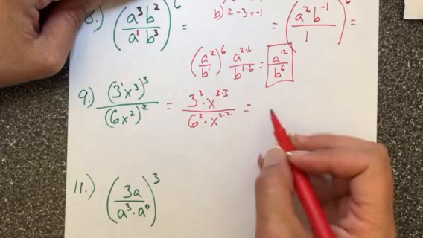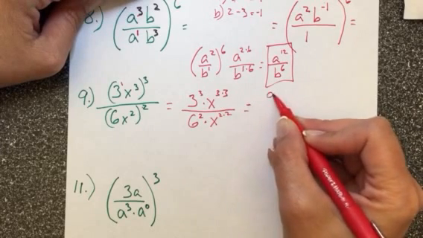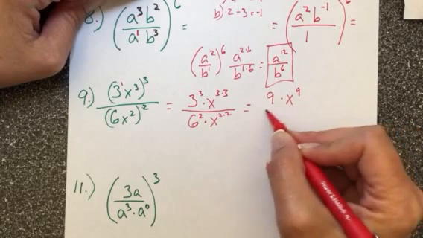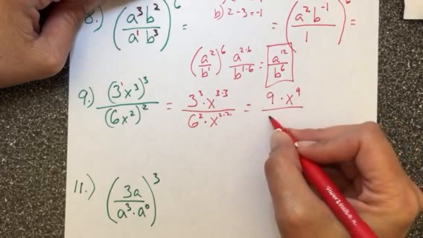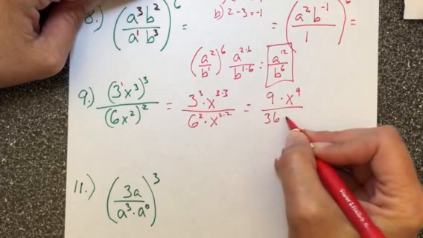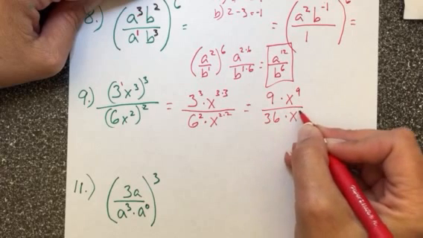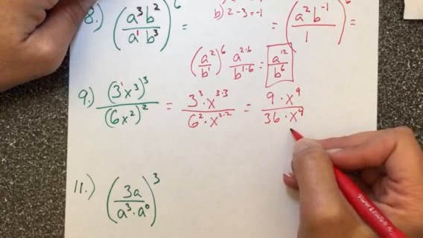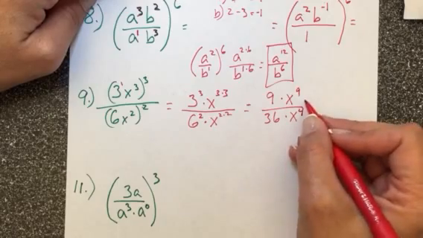Okay, when I simplify that, I get 9 times x to the 9 over 36 times x to the 4. Now I can do some of my quotient subtraction.